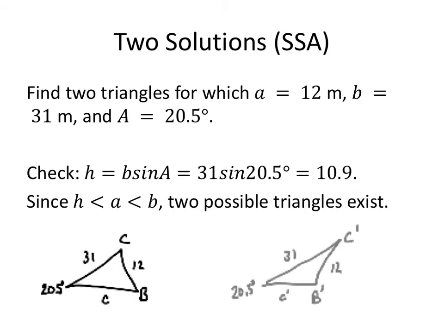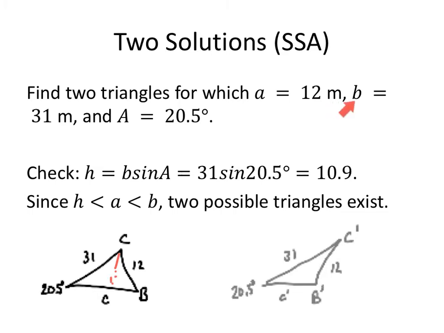Two solutions. So we want to find two triangles for which little a is 12 meters, little b is 31 meters, and angle A is 20.5 degrees. First thing we do is we check the height, which is B sine of A, and in our triangle, it's right there. I'm checking this height.